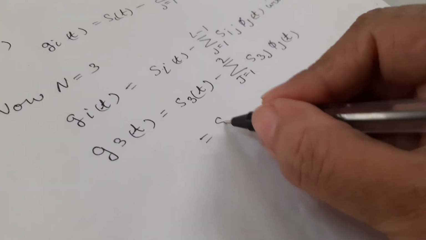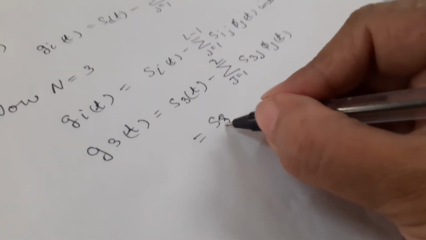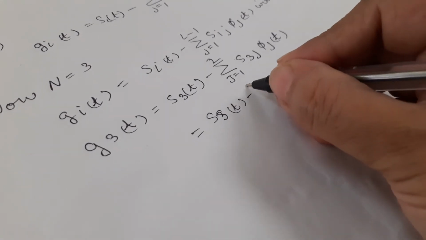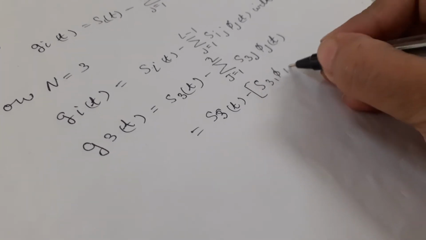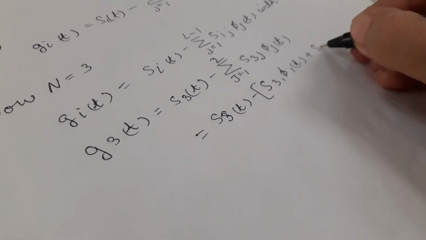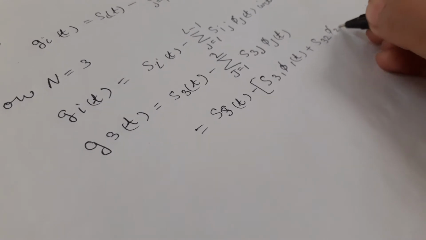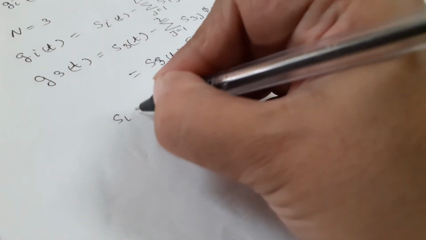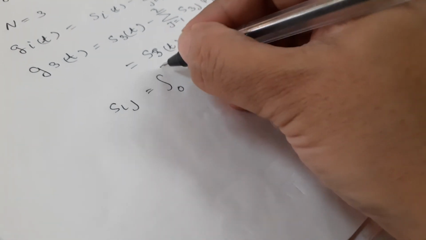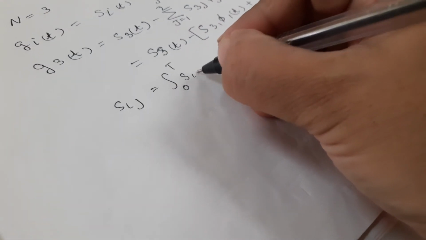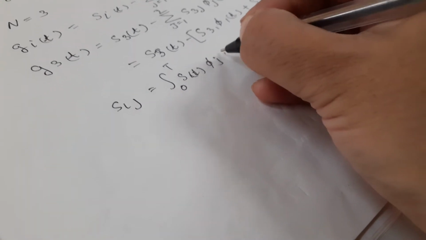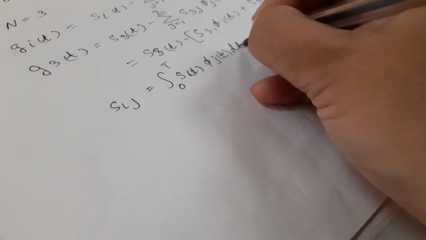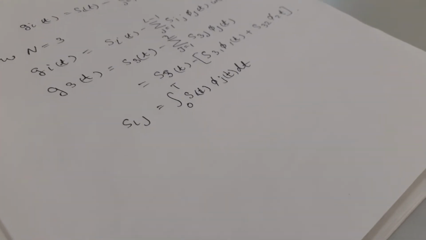So this will be equal to S3 of t minus S31 phi 1 of t plus S32 phi 2 of t. Sij is equal to the integral from 0 to T of si of t phi j of t dt.